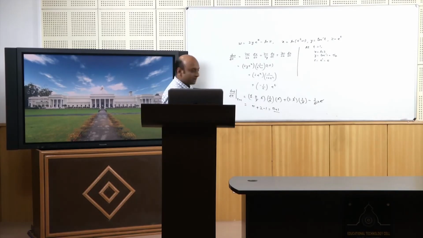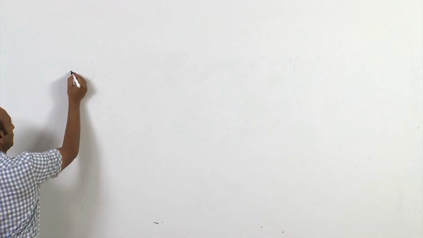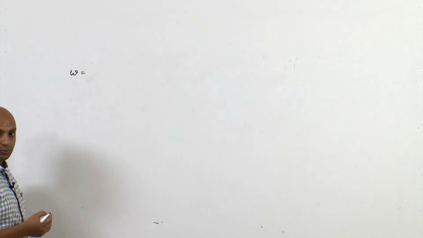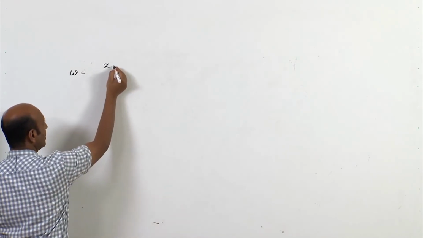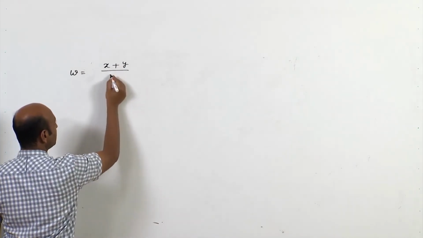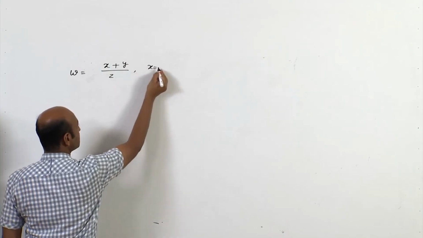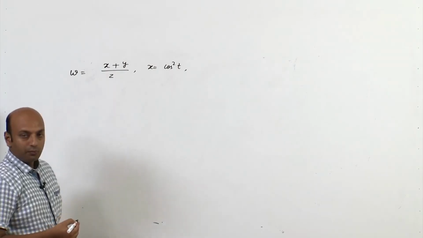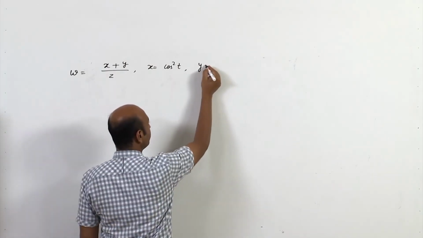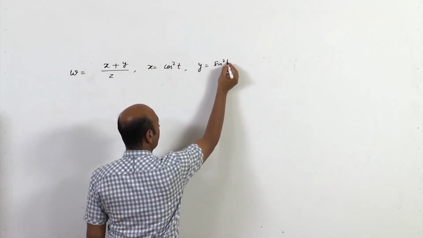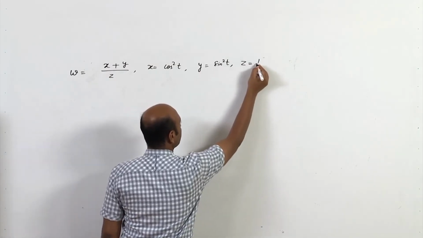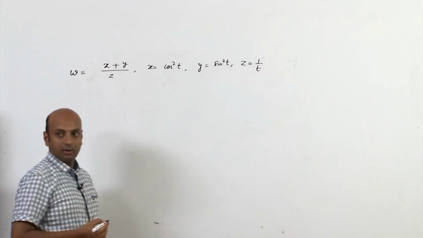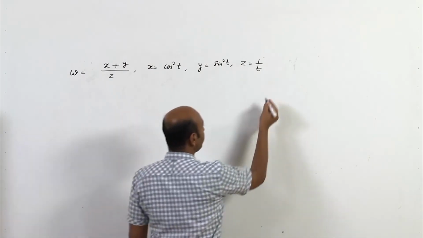Now, similarly, we can try for the second problem. Now, w is, for the second problem, w is x plus y upon z, where x is cos square t, y is sin square t, and z is 1 by t, and at t equal to 3.